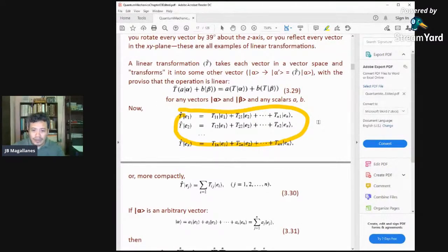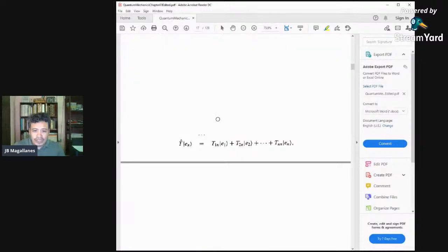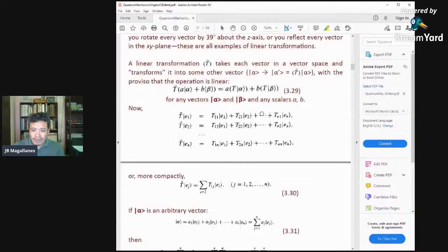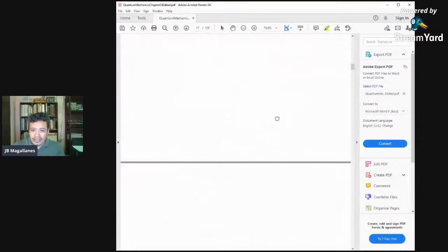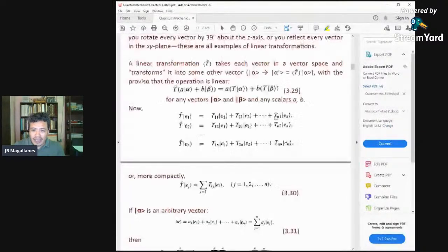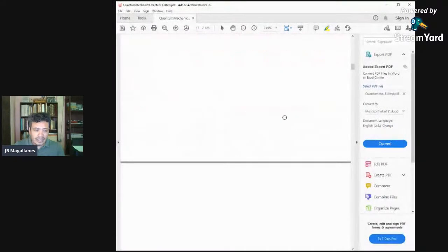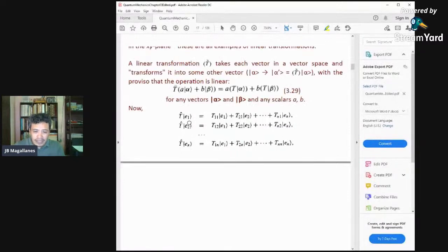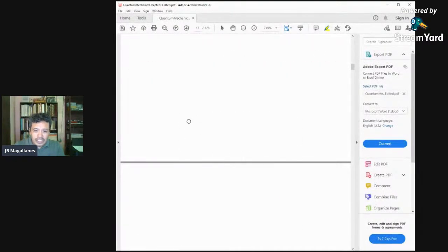So you have a transformation on the first element, a transformation of the second element of the basis of the space, until the transformation of the nth element. And this transformation is done on each element of the basis.